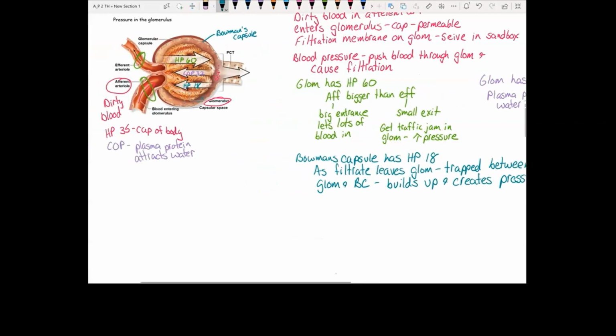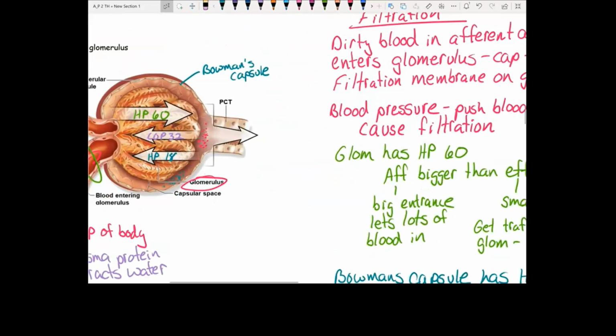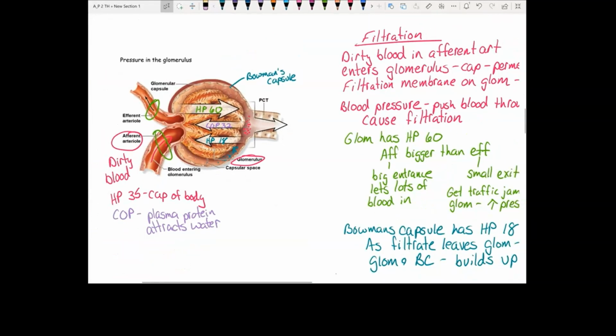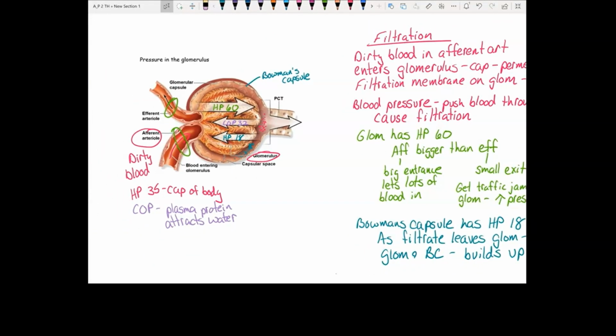This is only in your nephron. So that pressure of all this filtrate building up and being trapped here pushes back this way. So we have three pressures. The hydrostatic pressure of the glomerulus, which is just the blood, or the liquid in the blood, being pushed out. You have colloid osmotic pressure, which is the protein pulling it back in. And then you have a capsular hydrostatic pressure pushing back in.